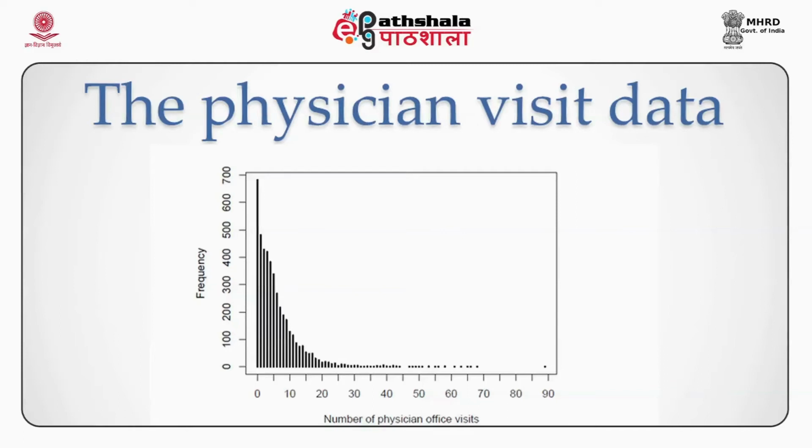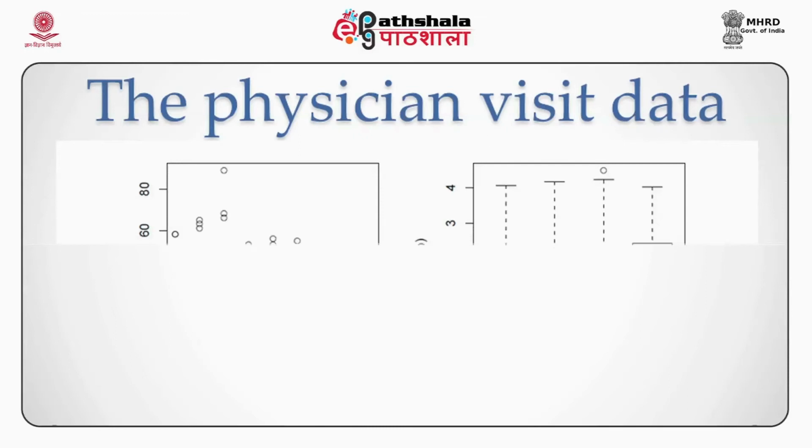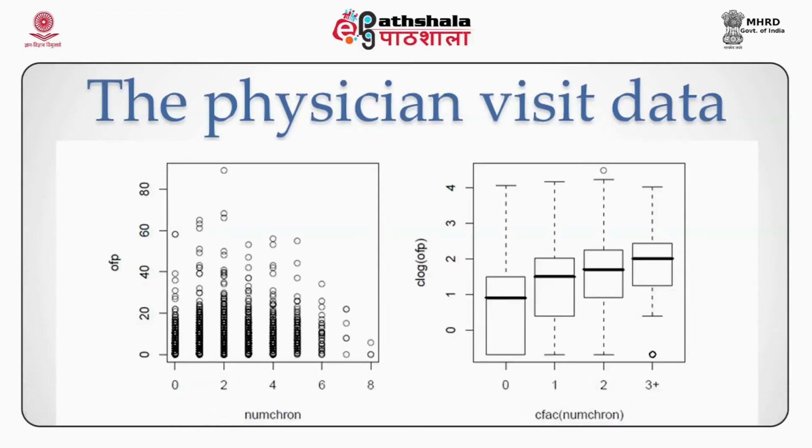From here, we can see that this count is rather skewed, and when we look at further empirical plots of this data, so here, for example, in the right panel, we have box plots of the data by category, and we can see by looking at the box plots that there is variability in the mean and the variance, and that it does not appear that the mean and the variance are equal within each category.